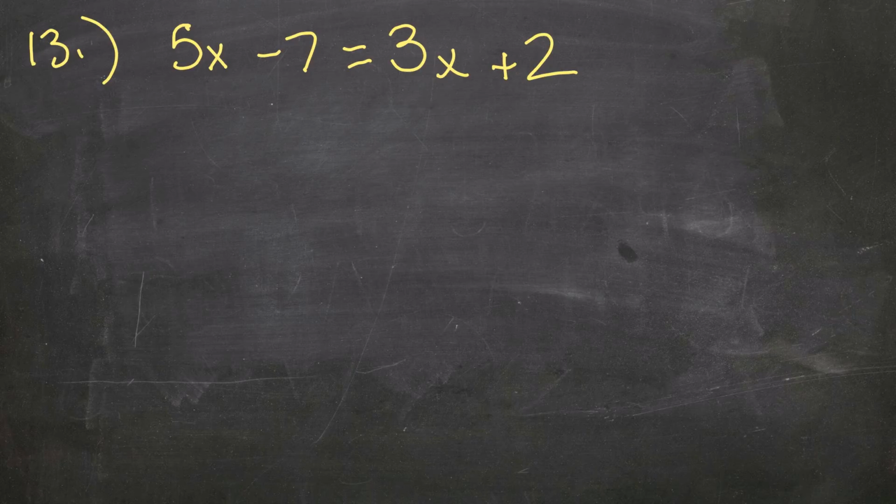Alright, number 13 is a little bit different. I have 5x minus 7 equals 3x plus 2. So the first thing I have to do is I have to get all the variables on one side.